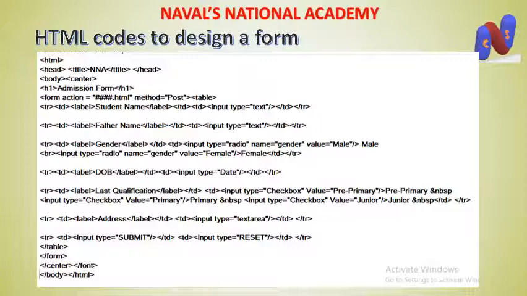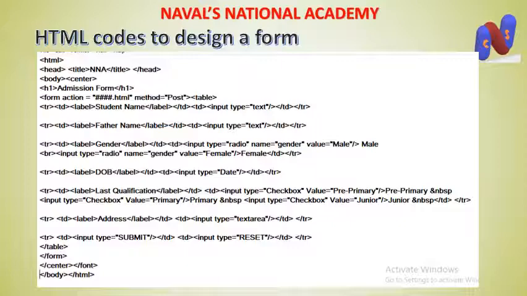Inside the table, I have used tr, inside the tr I have used td, and in td I have used label. So label is an element of the form. This tr and td are related to the table tag only. In the label I have written student name, which will display the information student name on the form to the user.